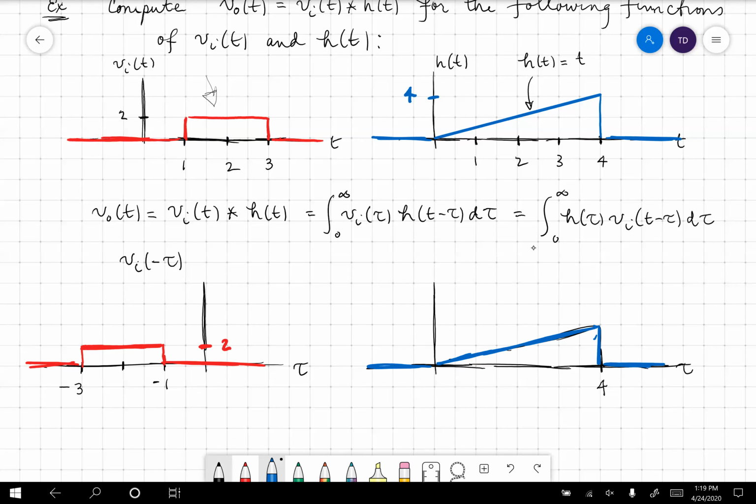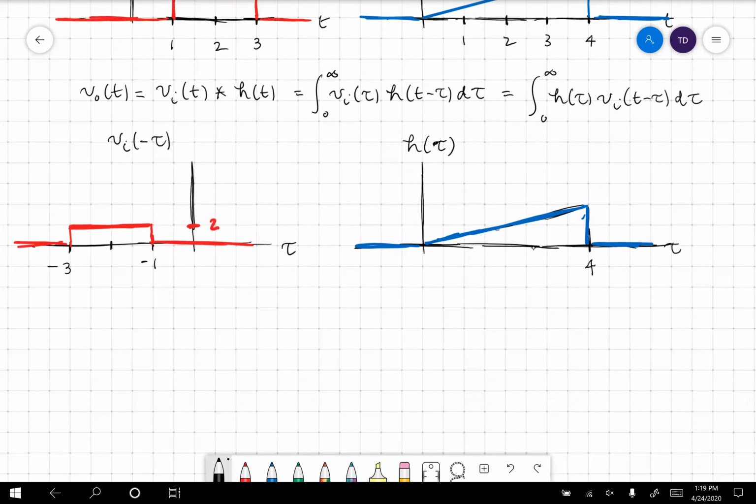So that is h of tau. So somebody tell me, how hard is it to turn h of t into h of tau? How hard is that? Replace the axis. That's it. Just change the letter t on the axis to a tau, and it's done.